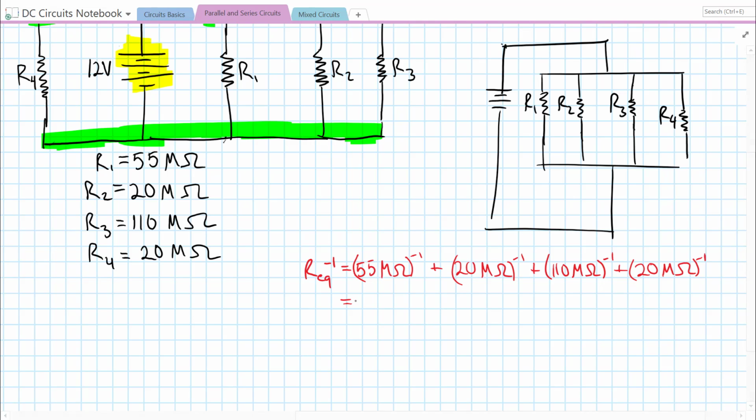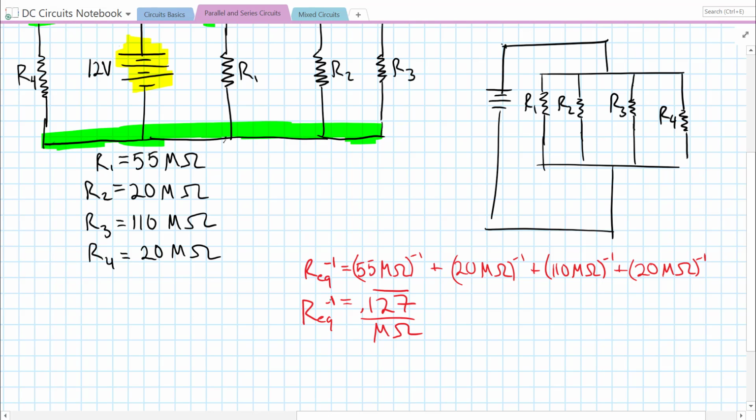55 to the minus 1 plus 20 to the minus 1 plus... we get 0.127, 27 repeating. Units are going to be per mega ohm. So that's our R equivalent to the minus 1. We have not solved it yet.